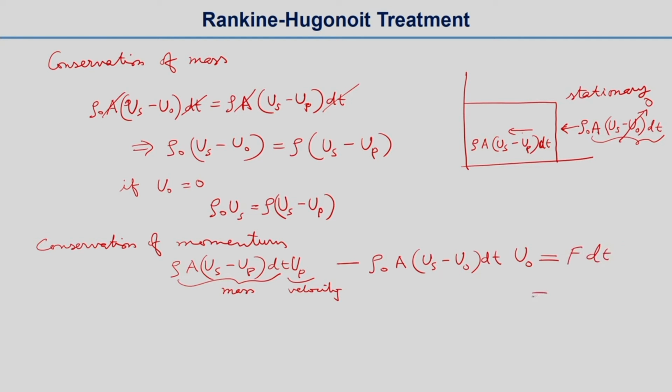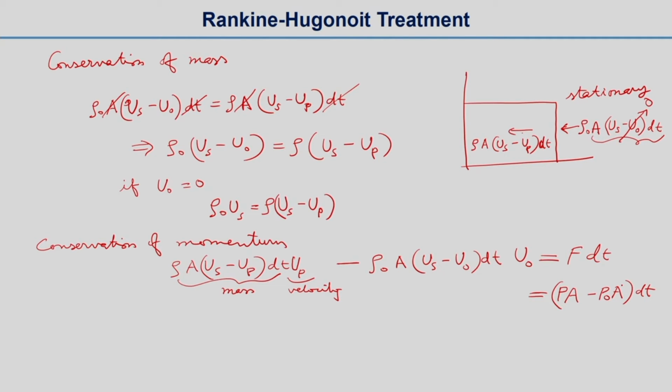This F dt we can write as pressure times area, PA minus P naught A, multiplied by dt.